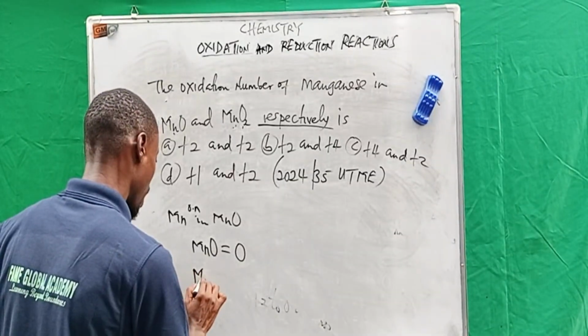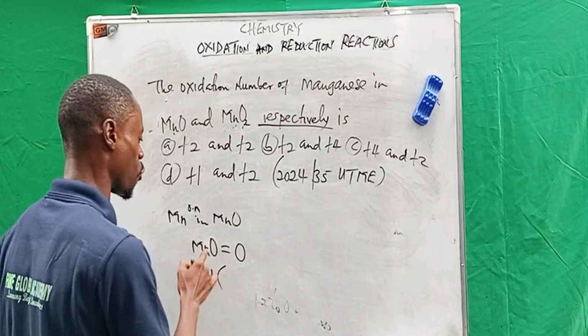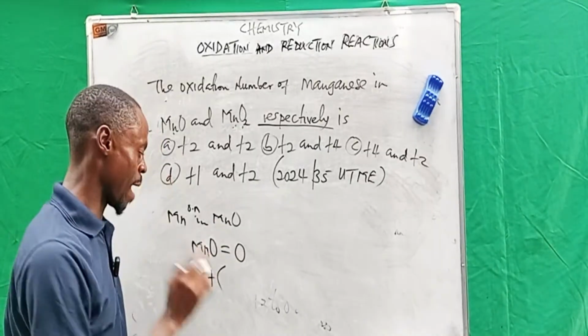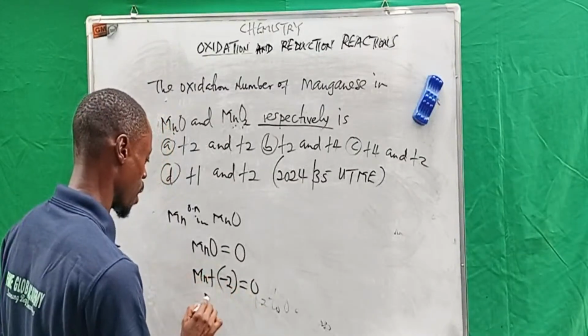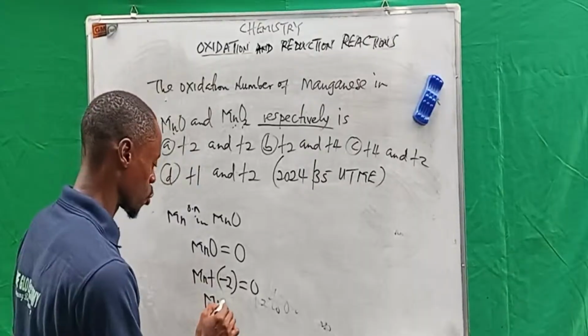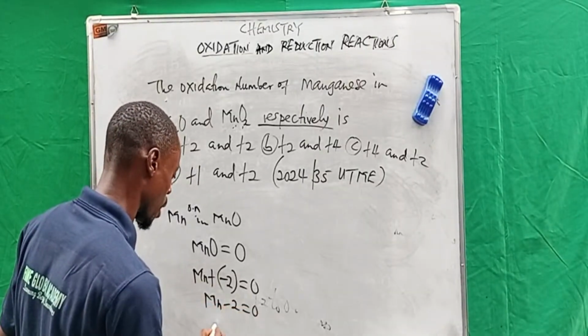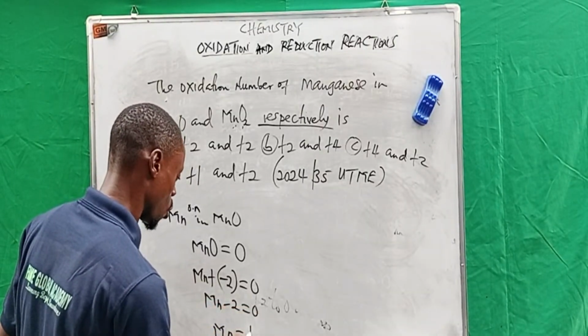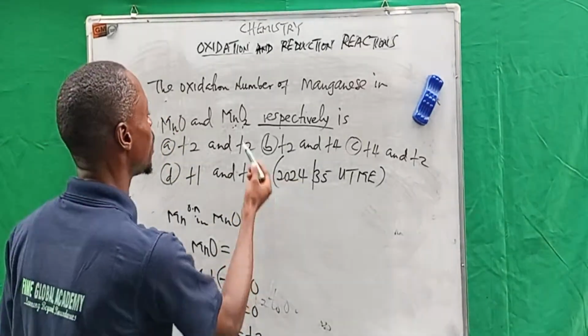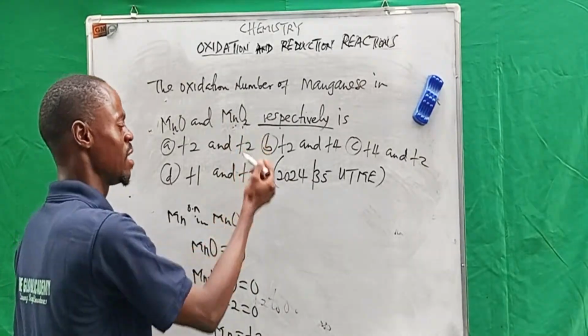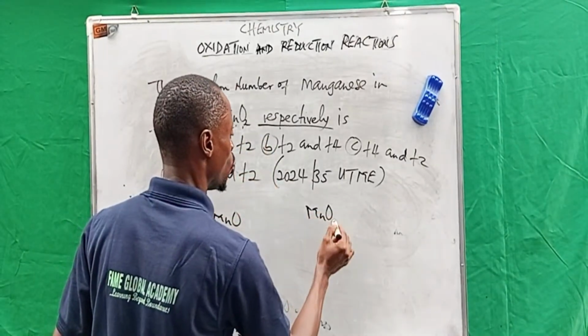So we are looking for the oxidation number of manganese in MnO. So we have Mn plus the oxidation number of oxygen, which is -2, and everything is equal to 0. We have Mn plus -2 is equal to 0. Then Mn is equal to +2. Now let's determine the oxidation number of manganese in MnO2.